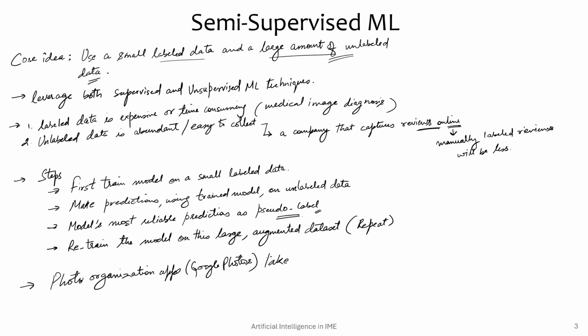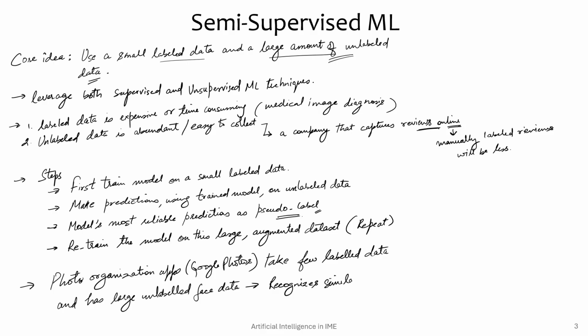They take a few labeled data and have a large unlabeled face data, and once they ask their users to recognize a few of them, the system automatically recognizes similar faces, right? So this is a complete broad overview of what is semi-supervised learning.